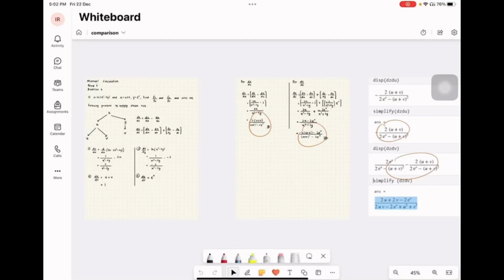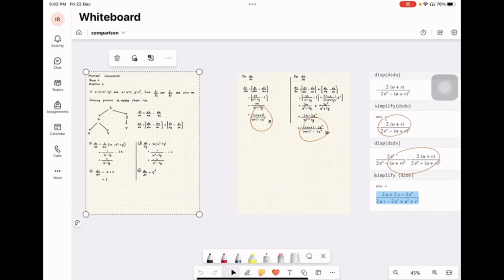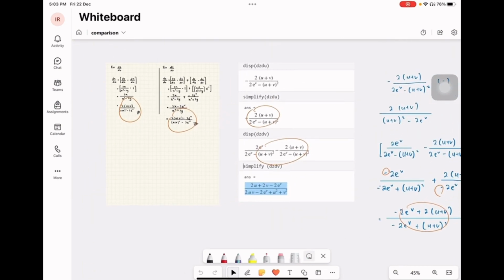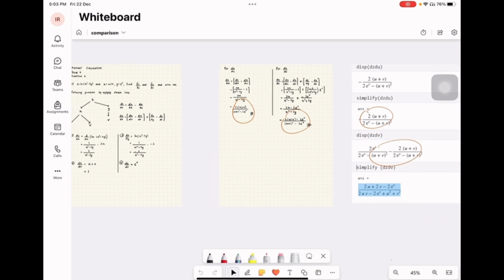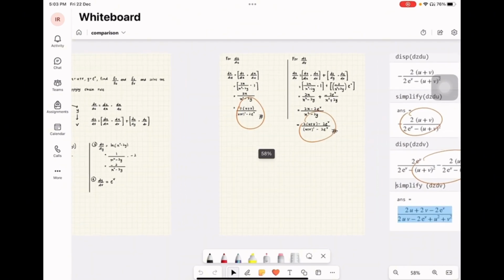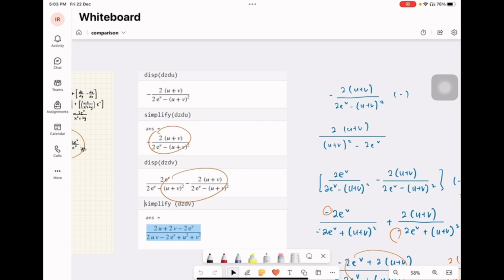Now I'm going to make a comparison between the manual calculation and the MATLAB simulation. First, for dz/du, the manual answer is 2(u plus v) over (u plus v) squared minus 2 exponent v. And for the MATLAB simulation, this is the answer.